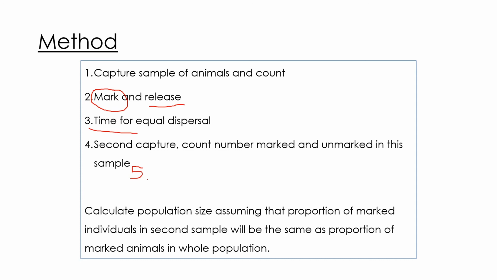So that is the number of individuals in our first capture times the number of individuals in our second capture, divided by the number of marked individuals in the second capture, is our estimate, so equal to our estimated population size.